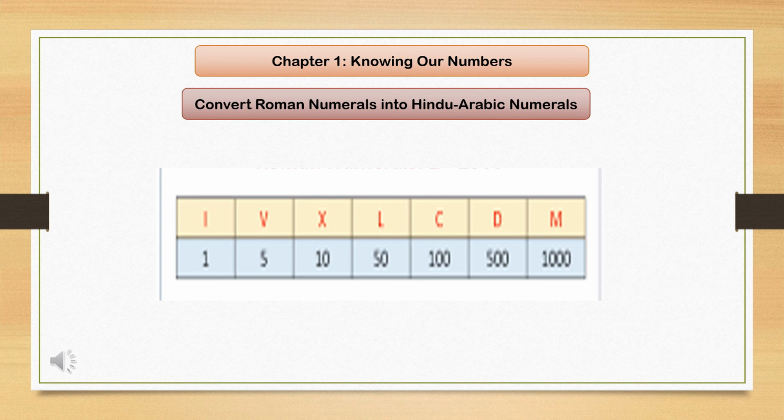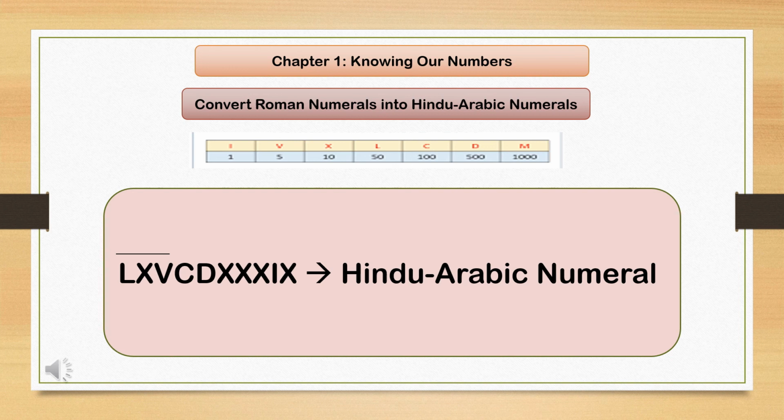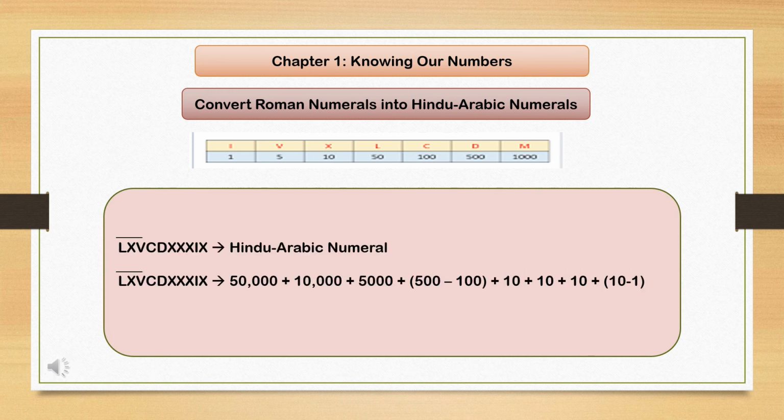Here also you have to be well aware of the Roman numeral chart. Let's convert the Roman numerals into Indo-Arabic numeral. Here we have a Roman numeral L bar, X bar, V bar, CD, XXX, IX. Now let's write the numbers for the symbols.